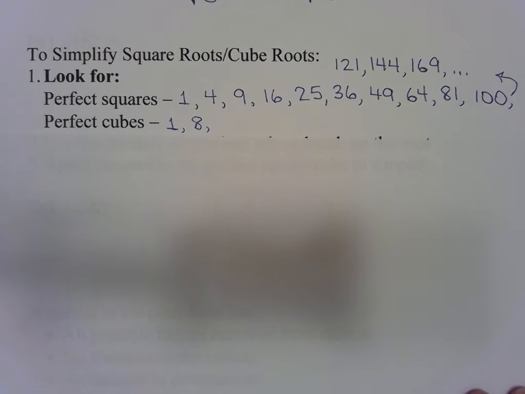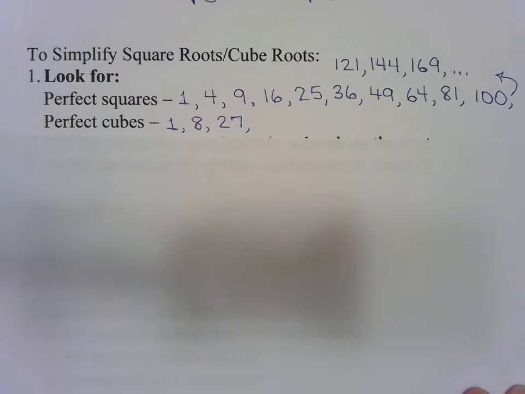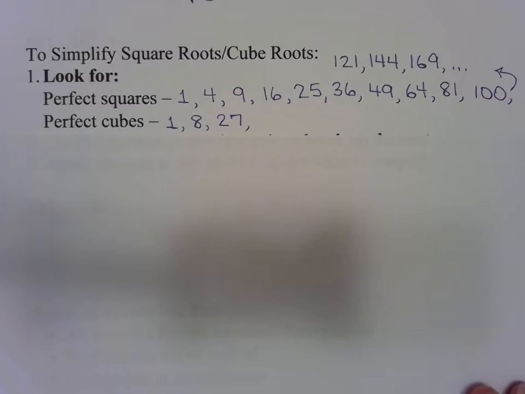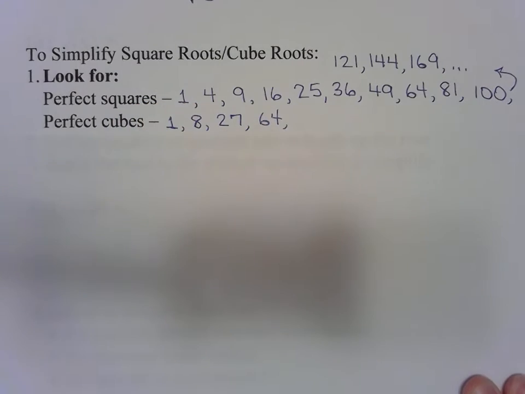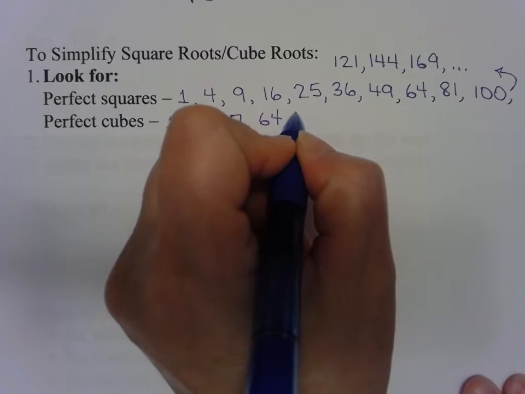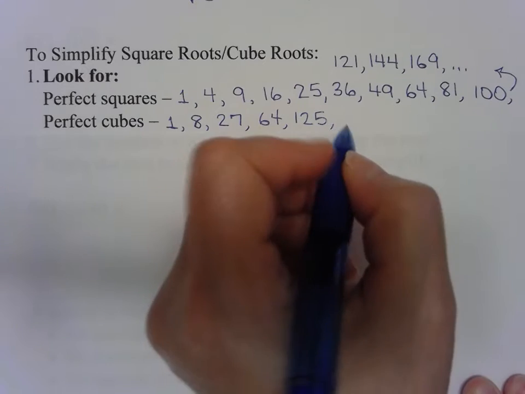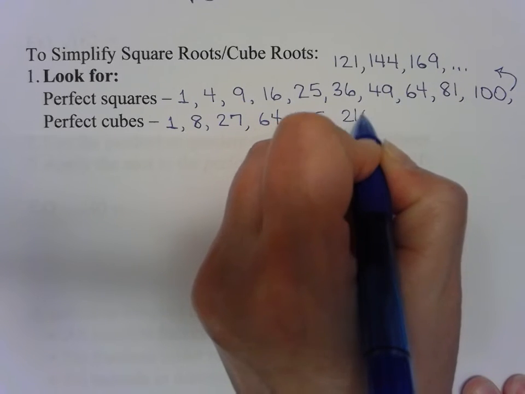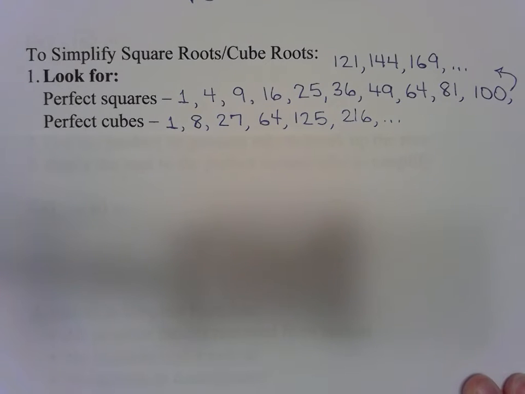And we could also make a list of these. 27 would be the next one. 4 times 4 times 4 would be 64. 5 is going to give us 125. 6 times 6 times 6 would be 216. Okay, and we could go on from there if we really wanted to.